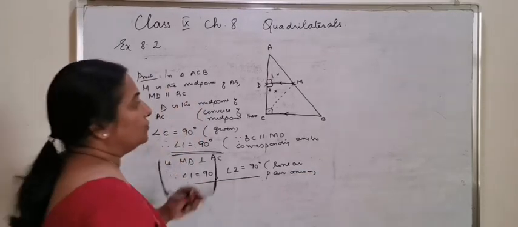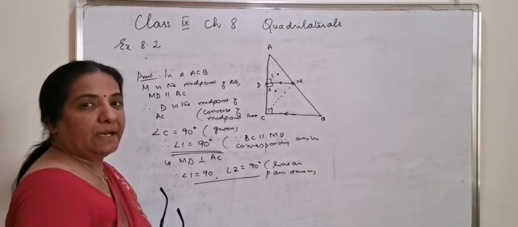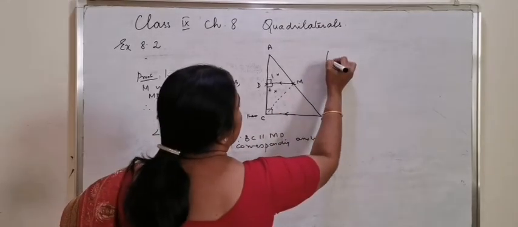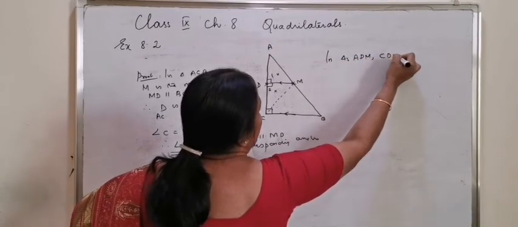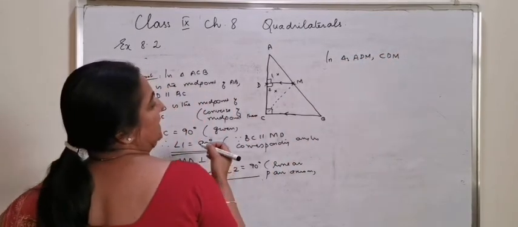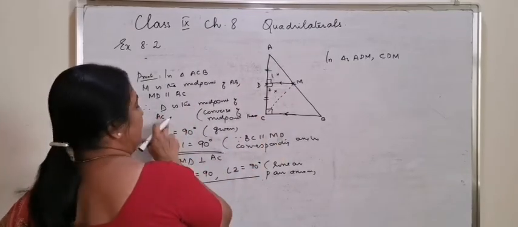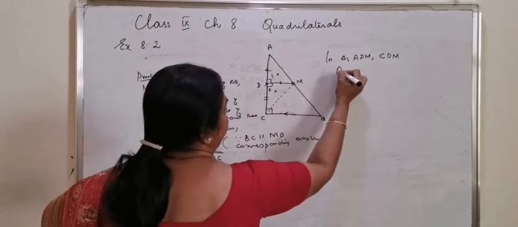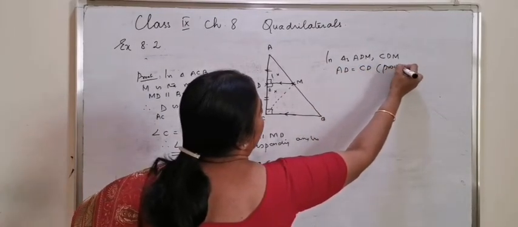Now prove the two triangles ADM and CDM are congruent. In triangles ADM and CDM, the first condition is AD is equal to CD because we proved D is the midpoint of AC. AD is equal to CD, proved.